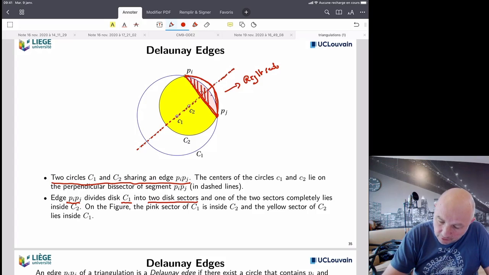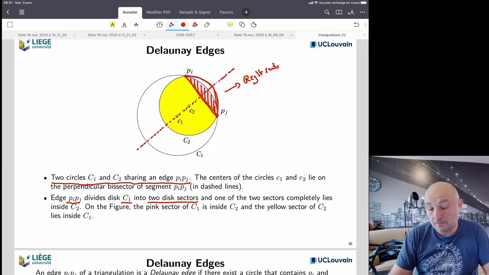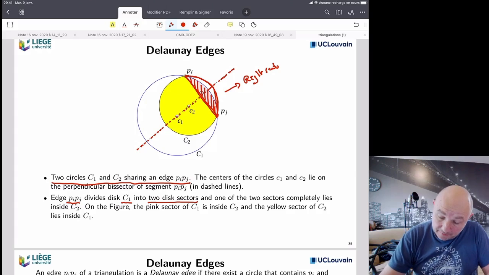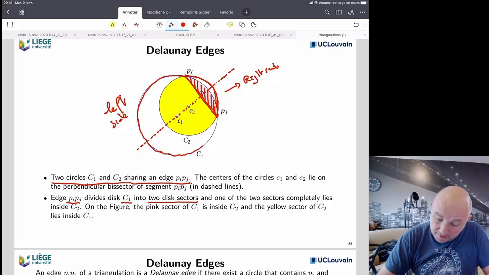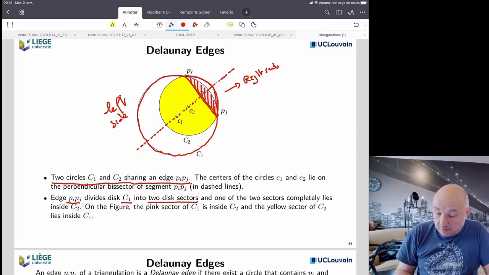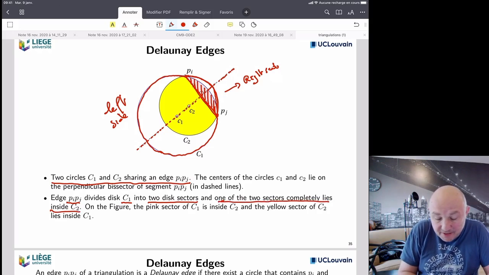the subsector of the larger disk, the blue disk. And this blue disk on the other side, on the left side, contains the yellow sector of the other disk. So the sentence says PiPj divides the disk C1 into two sectors, and one of those two sectors completely lies inside C2.